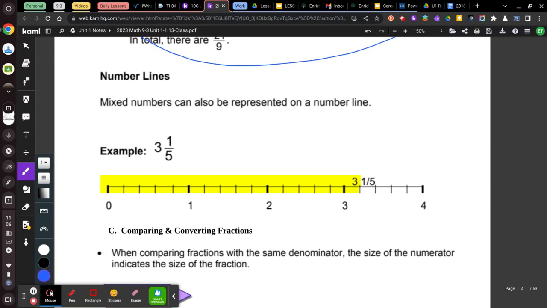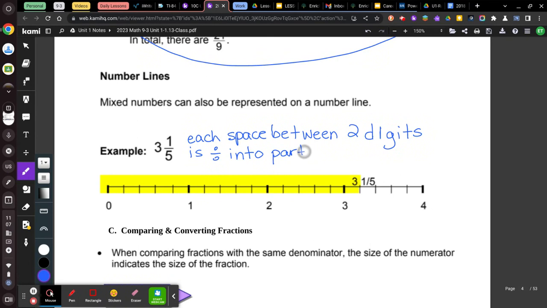So what you do is each space between 2 digits is divided into parts of the bottom number of the fraction.